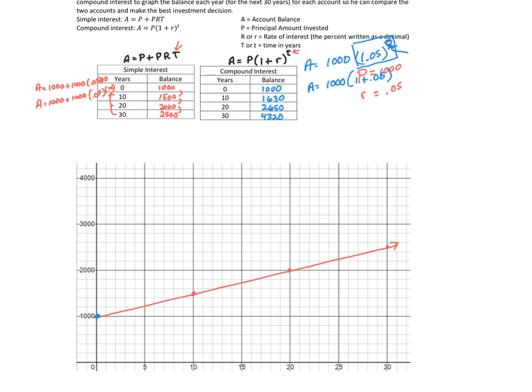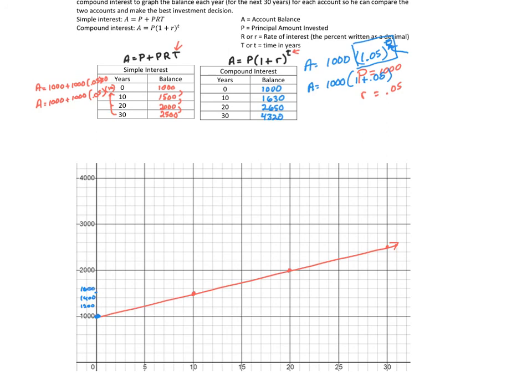10 years, 1,630. So this is 1,000, 2,000. So this would be, let's see, 2, 4, 6, 8, 10. So this is going to be 1,200, right? 1,400, 1,600. Okay, so we're at 1,630.